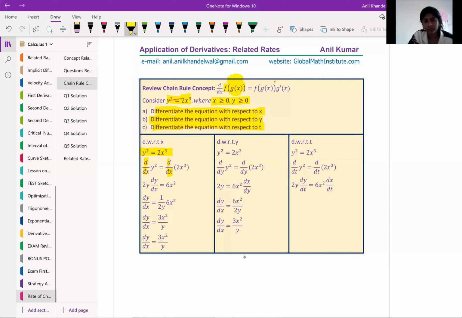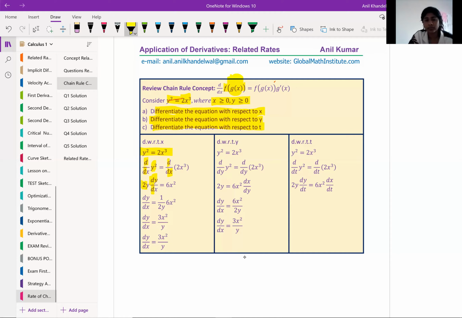The derivative of y squared is 2y, times the derivative of the inside function, which is y, so it becomes dy/dx. So the derivative of y squared with respect to x is 2y dy/dx as shown here.